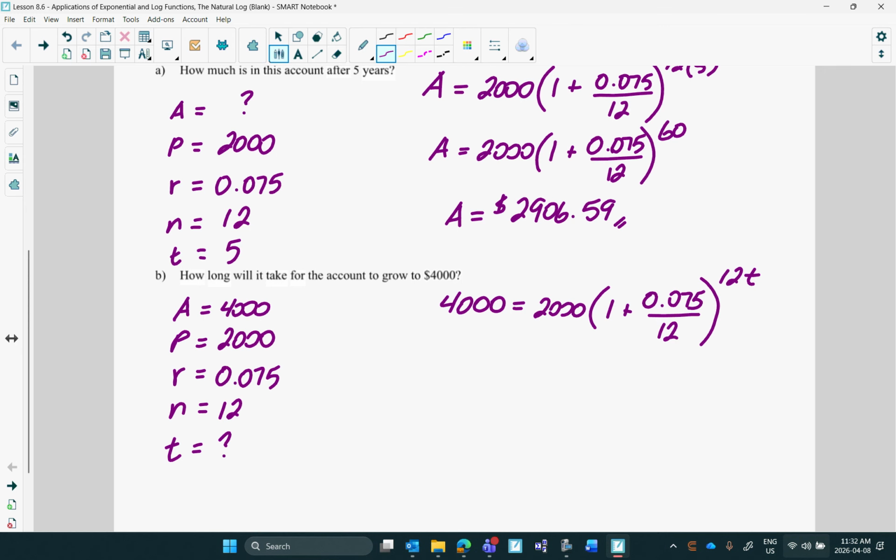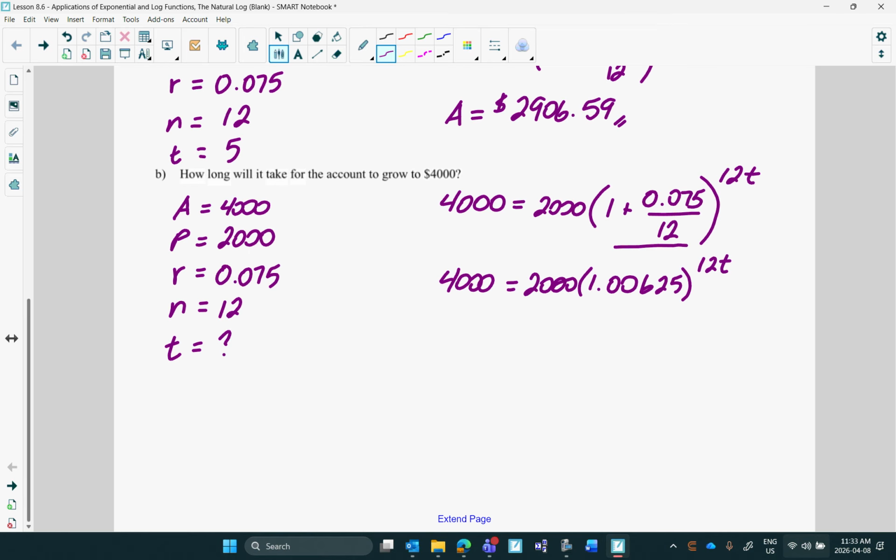Well, I've got to get rid of all this stuff and get T by itself. The first thing I'm going to do is simplify this, and I believe it was 1.00625. What might you want to do next?